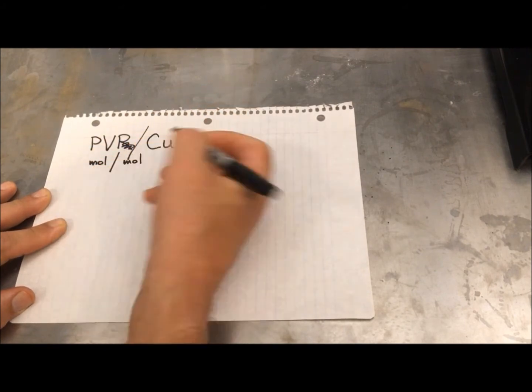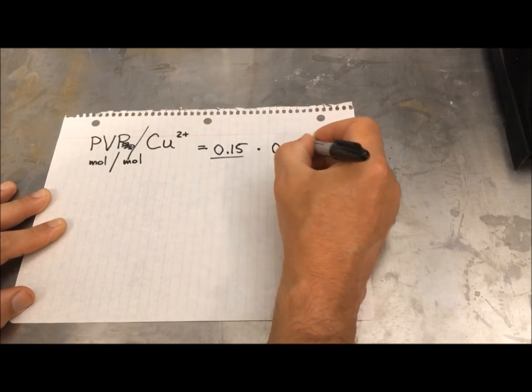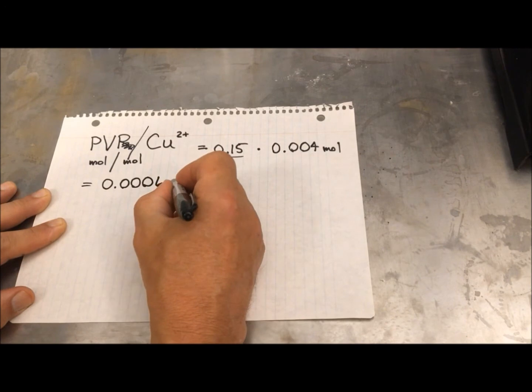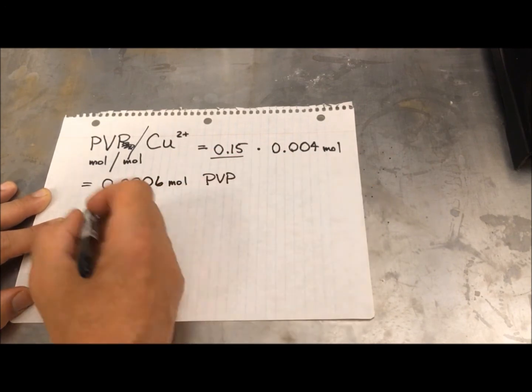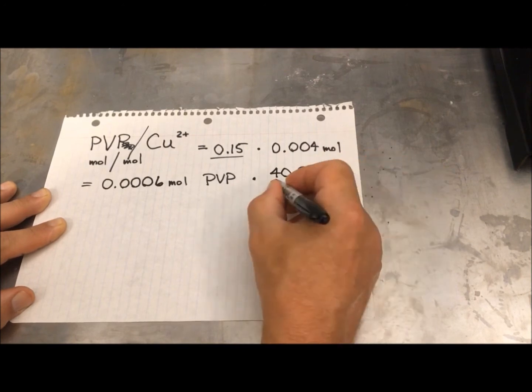You do the same thing with the capping agent. These ranged from less than 1 up to about a 9 to 1 ratio. The higher the ratio of the capping agent, the smaller the particles are.